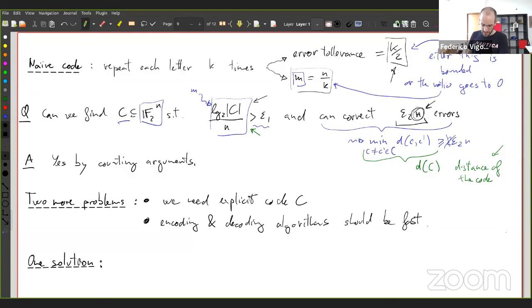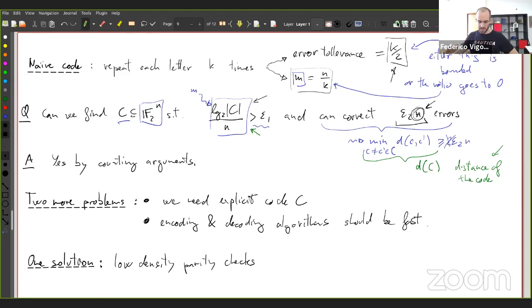There are many solutions, but one solution that we care about today is given by the low density parity checks. And here is where expansion will come into play.